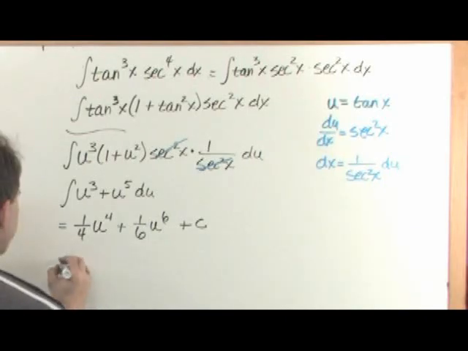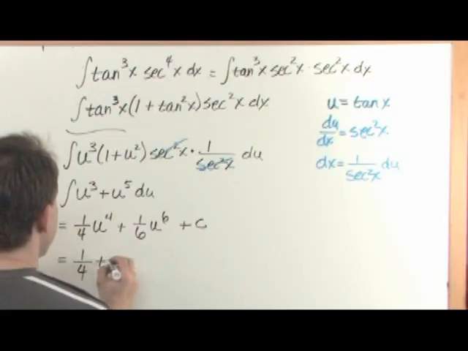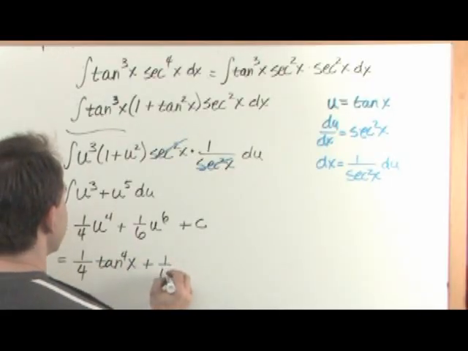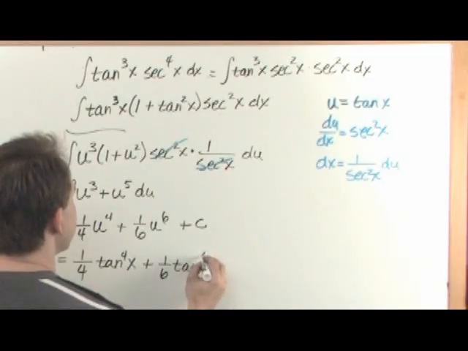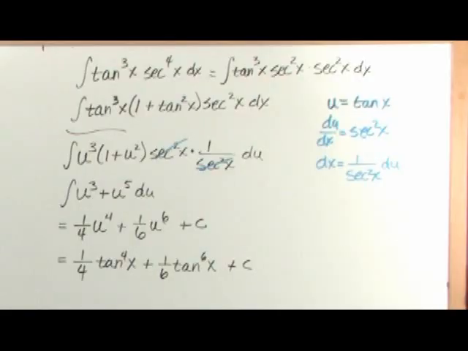Okay, and then the final thing, you just want to plug in what you know for u. 1/4 tangent to the 4th power of x plus 1/6 tangent to the 6th power of x plus a constant.